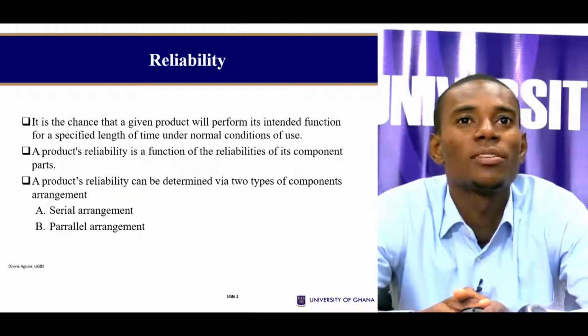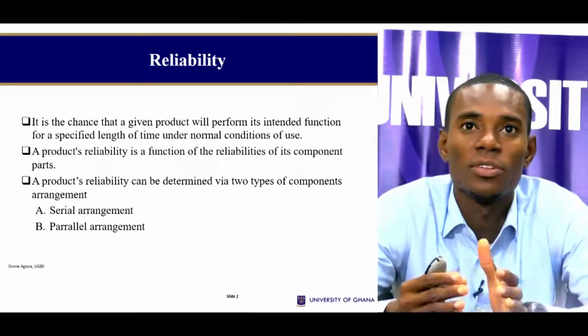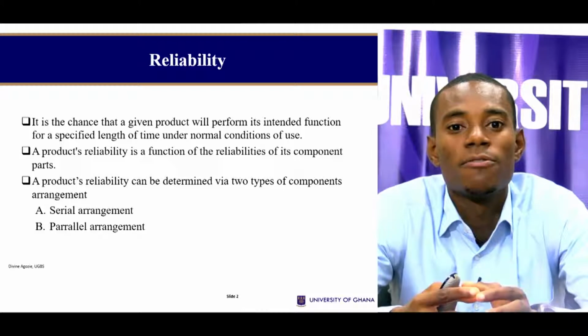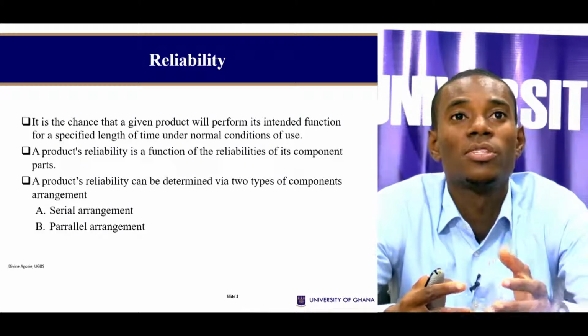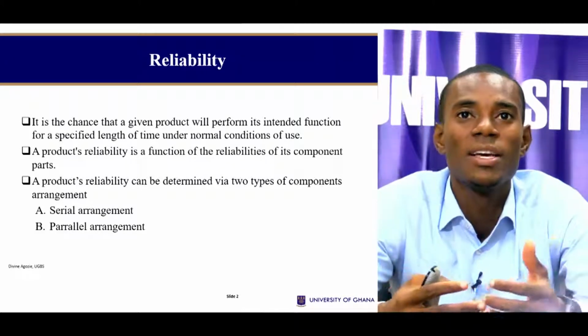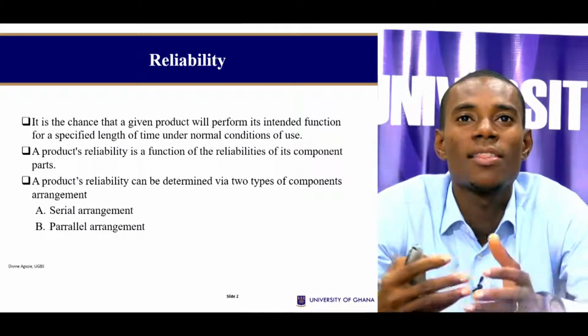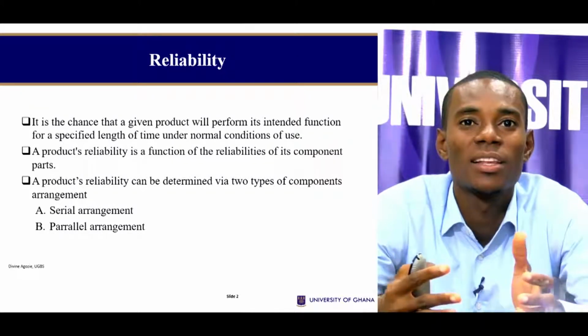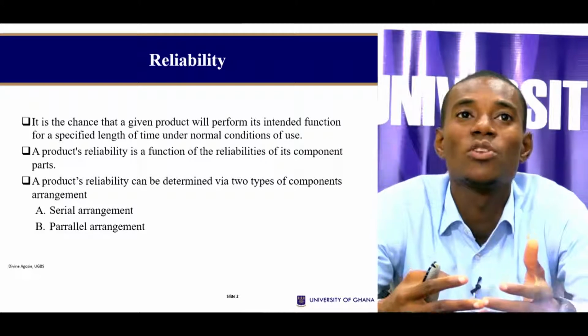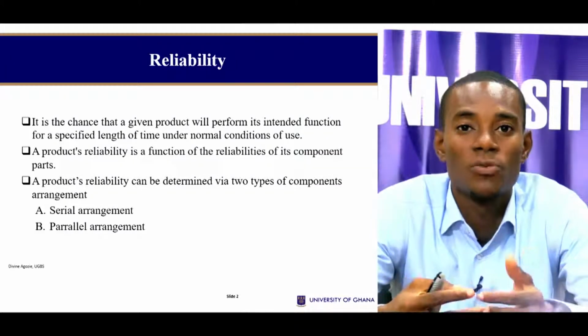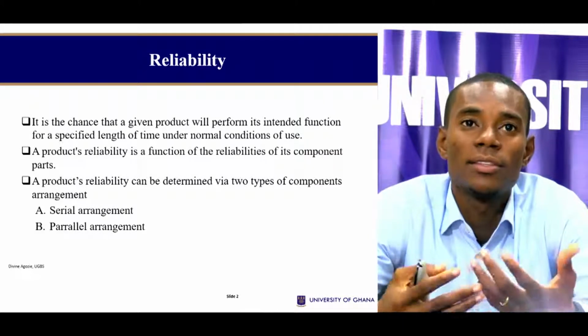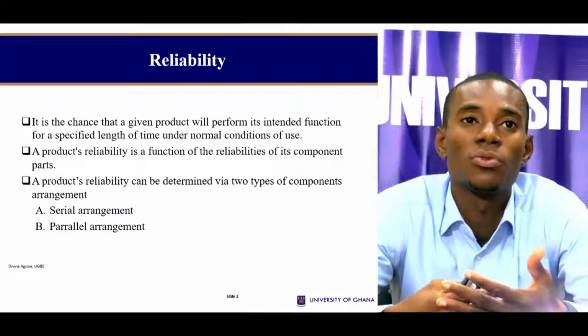Now, a product's reliability is a function of the reliabilities of its components. What we're saying is, for us to judge that a product is reliable, all the component parts that come together to make the product must equally be working perfectly. For instance, you take a phone and it's a touch phone. You want the touch software to be working well.